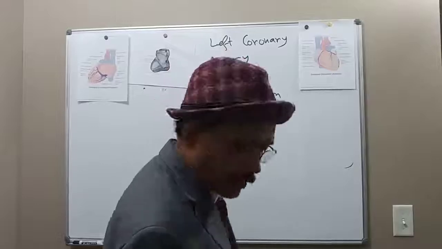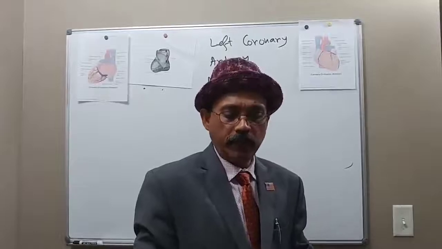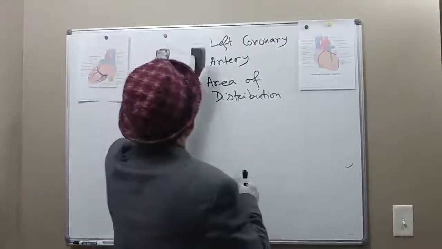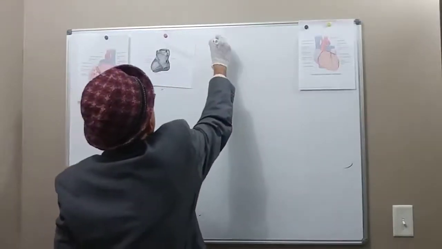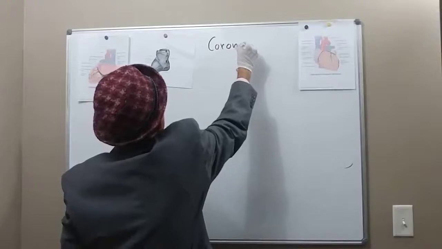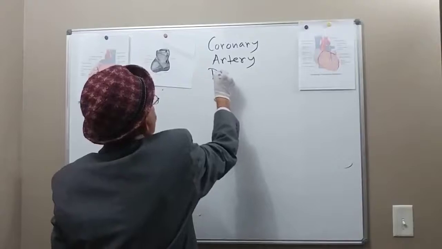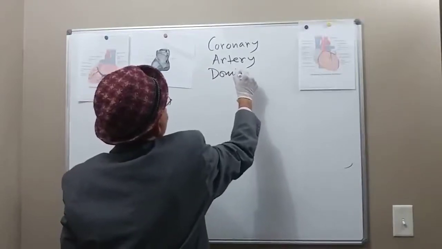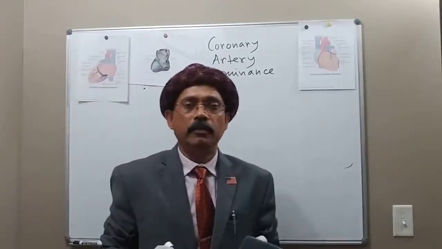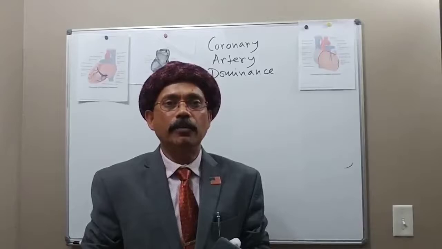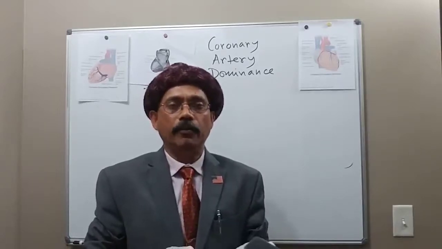Now we get a term called coronary artery dominance. What is coronary artery dominance? Usually the posterior interventricular artery is a branch of the right coronary artery.